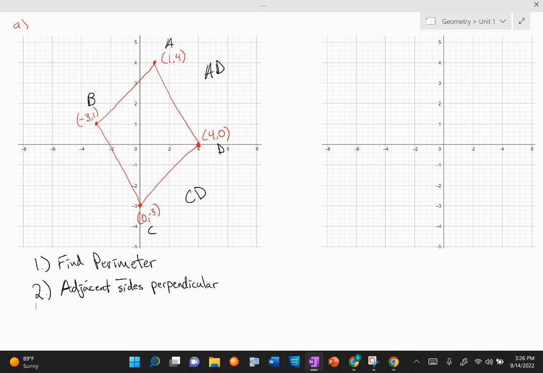And then I think we subtract them. We square those numbers, and then we add them together. And then do we find the square root of that number?